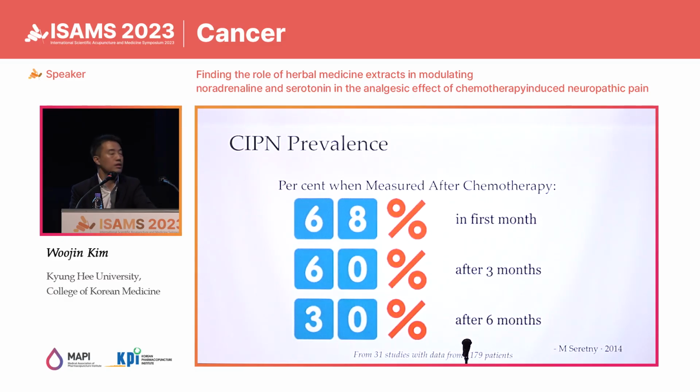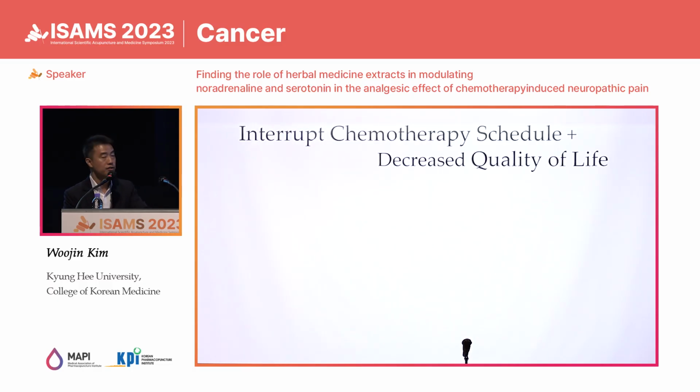So this is a really high prevalence, and among the three chemotherapeutic drugs I talked about, oxaliplatin, paclitaxel and vincristine, there are a few differences, but all have prevalence rates of more than 50%. So it is really important to treat chemotherapy-induced neuropathic pain, because it can also interrupt the chemotherapy schedule.